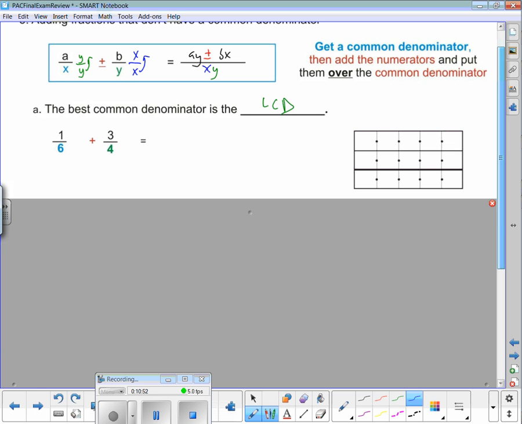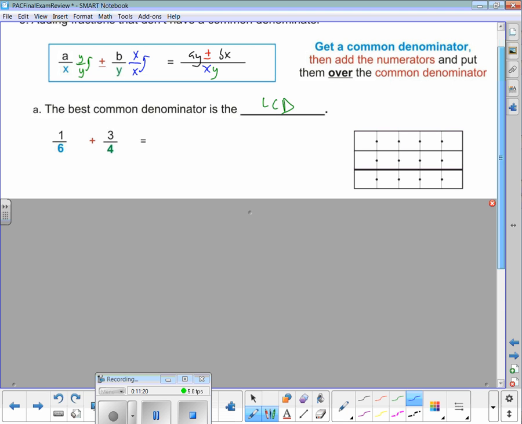Is 48 a common denominator? Yes or no? Yes. Is 36 a common denominator? Yes. Is 24 a common denominator? Now, a lot of students, that's what they do. They just do the 6 times 4 is 24, and I'll use 24.